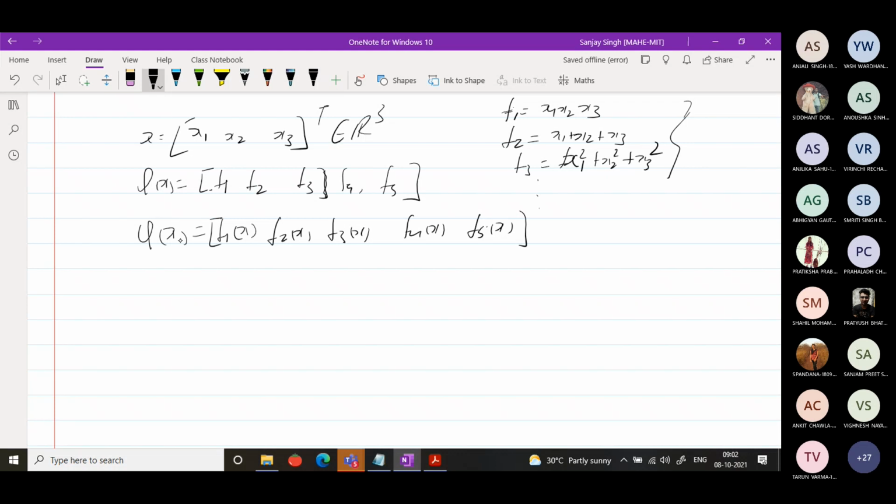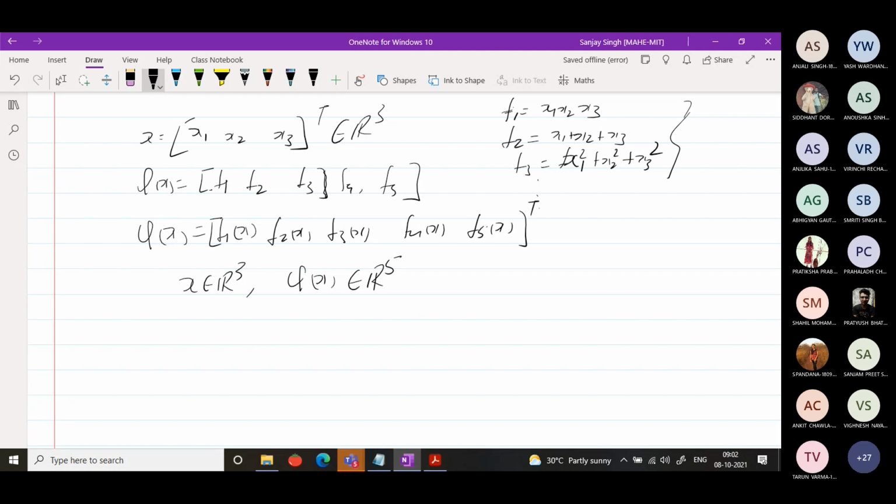Now x has dimensionality 3, whereas phi(x) is also a vector, but it has dimensionality 5. Is that okay? In a very simple, crude way, this is how we map from the input space to a high dimensional space. If that is okay, we'll proceed.